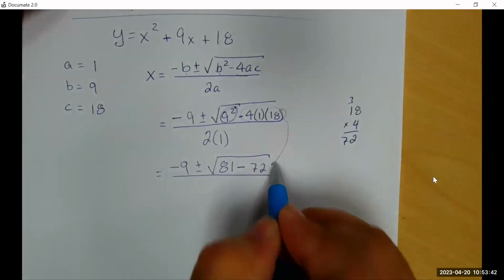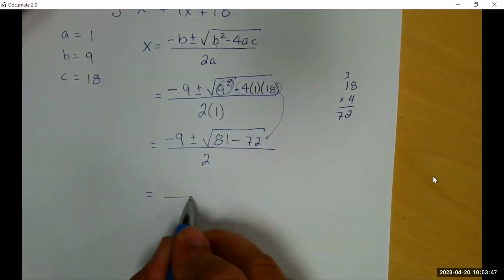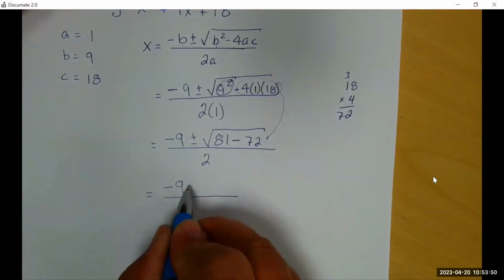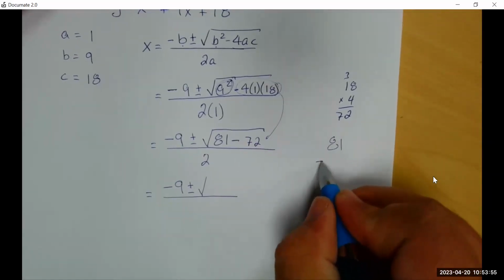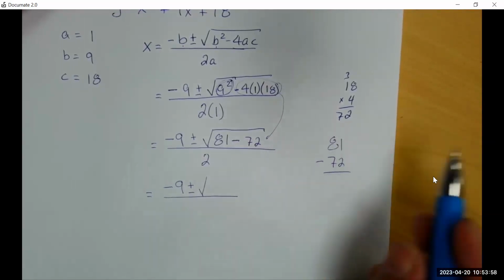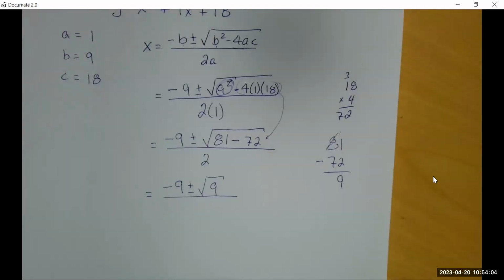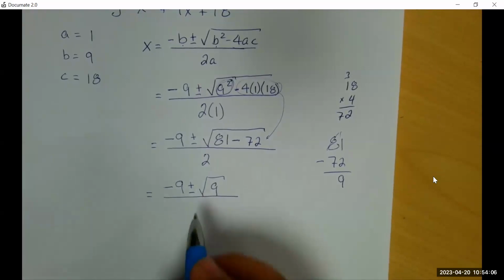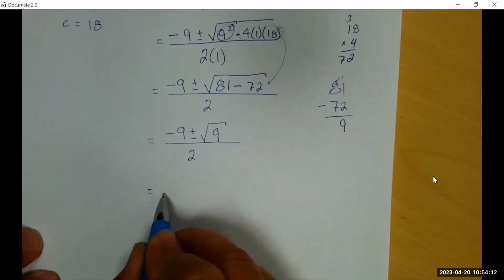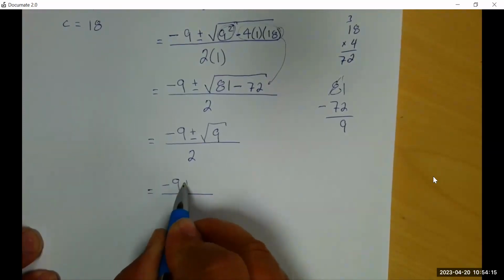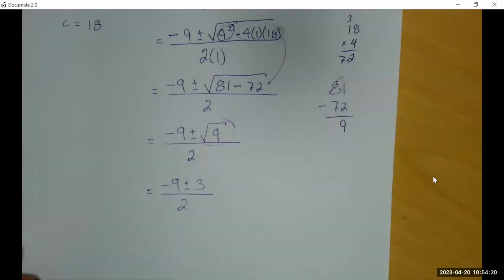That's what that equals, over 2. Negative 9 plus or minus the square root of 81 minus 72, which is 9, over 2. Negative 9 plus or minus. What is the square root of 9? 3, over 2.